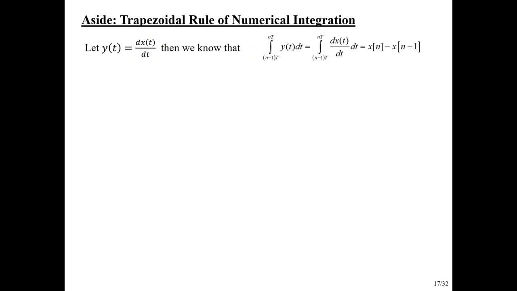So look what happens on the right side of that. The fundamental theorem of calculus allows us to say the integral of the derivative is just itself, it's just x(t), and then we're evaluating it at nT and (n-1)T. And I'm just writing those out in standard discrete time signal form. So this is the sample of x(t) at nT, and this is the sample of x(t) at (n-1) times capital T.